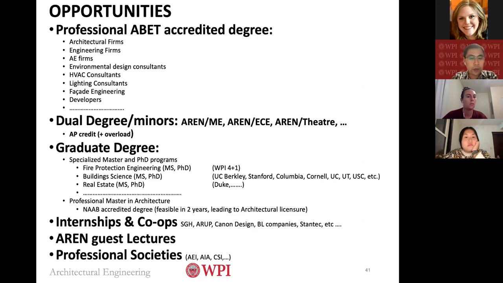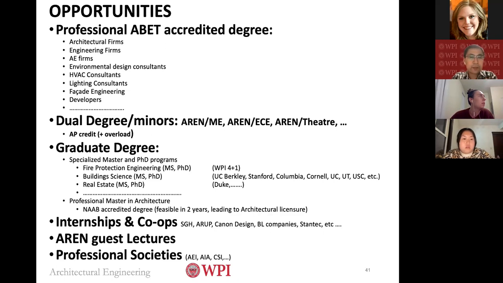Okay, so what are the opportunities for our students who graduate? Most of the students go to architectural firms, engineering firms, or architectural engineering firms specifically. Some students go to environmental design, environmental consultant firms, or design lighting, HVAC, and facade engineering.